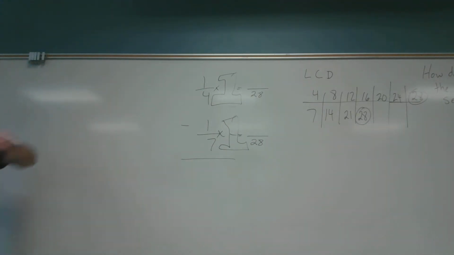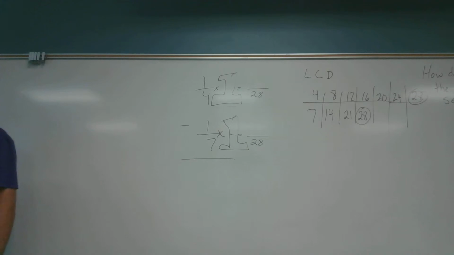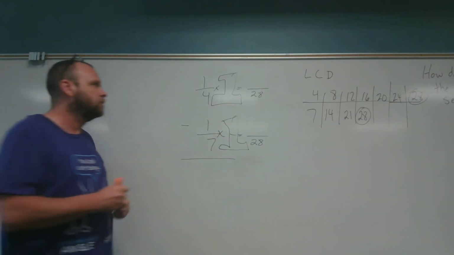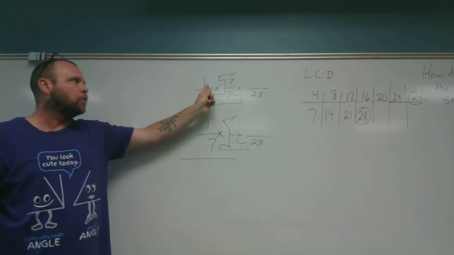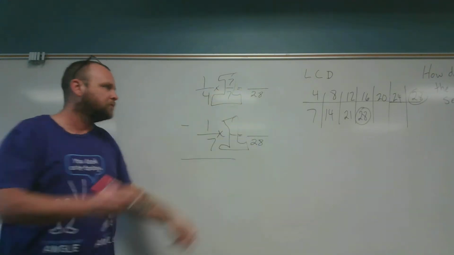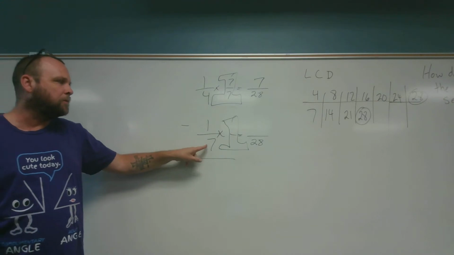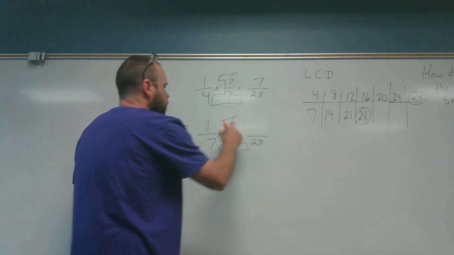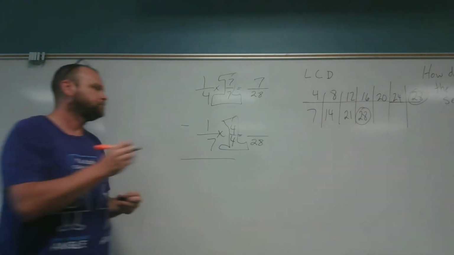Let's look at the top, 1/4. 4 times what equals 28? 7. So 7 sevenths. And my numerator, 1 times 7, is 7. What would I multiply 7 by to get 28? 4. My numerator is 1 times 4, which gives me 4.